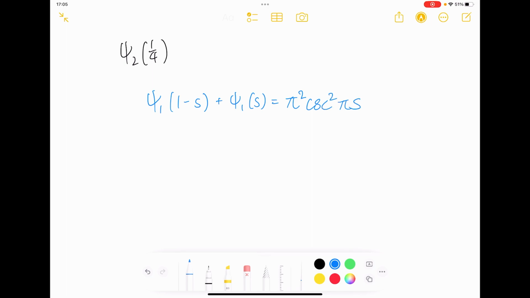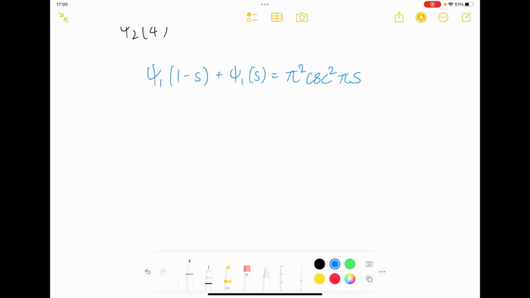Now, if we take the derivative of this formula, because the derivative of psi 1 is psi 2, we're going to get a reflection formula for psi 2. So the derivative of psi 1 of 1 minus s is going to be psi 2 of 1 minus s, but we're going to pick up a minus sign because of the chain rule, plus psi 2 of s.